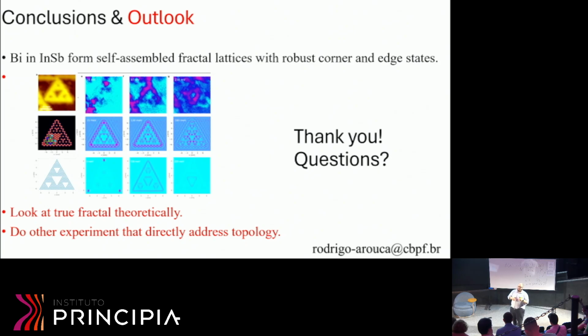But whether you can create other shapes, or even the more complicated fractals like the ones I showed a bit before, is unclear to me. I think it's really something to be asked, looking at the stability of these lattices and this more model-like structure.